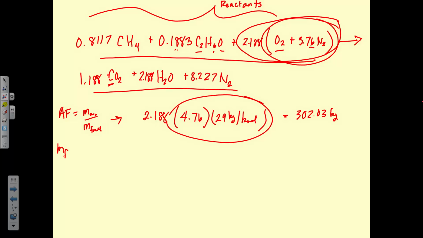Now we want to find the mass of the fuel, so that's this part of the equation.